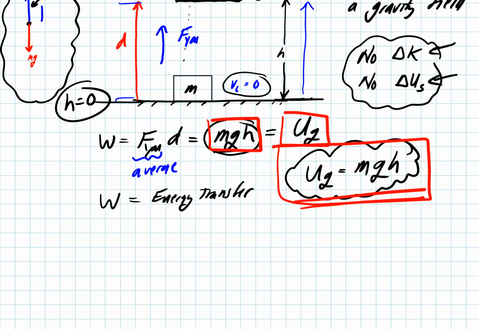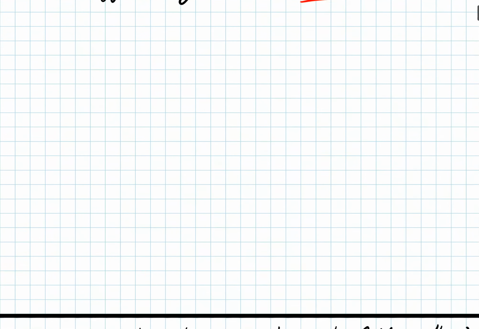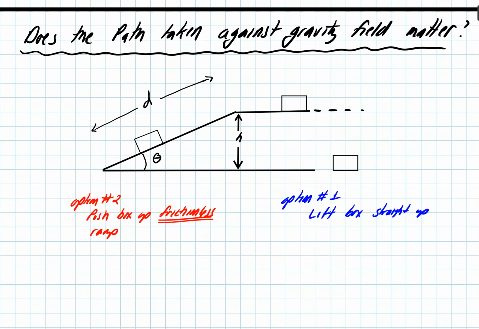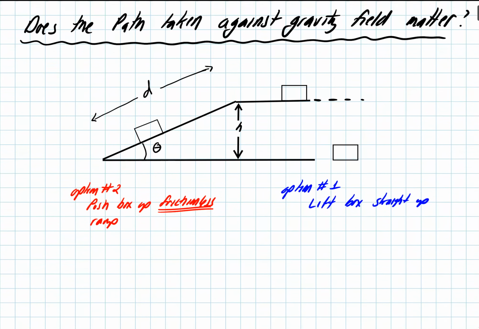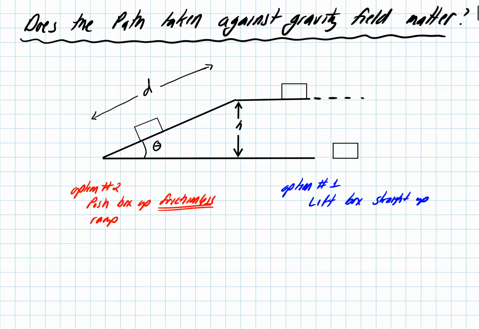So I hear you. That's the work to lift something straight up. So let's look at two scenarios then and see, does it matter which way you go? Does the path that you take when you're going against a gravity field affect the amount of gravitational potential energy? We're going to look at two scenarios, both involving a box that has mass m.